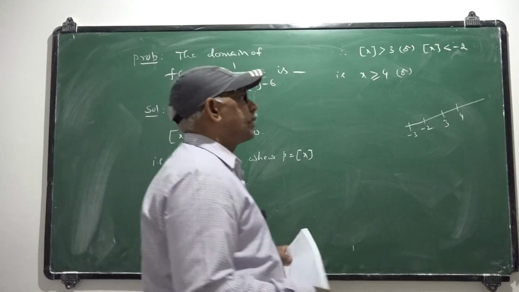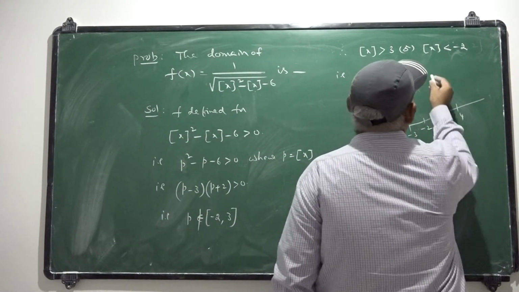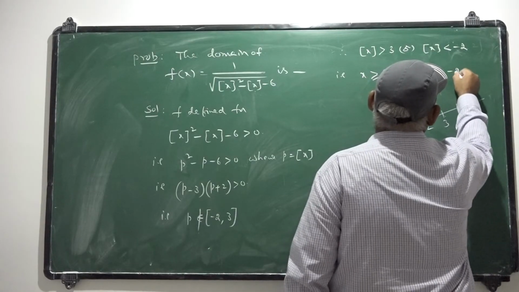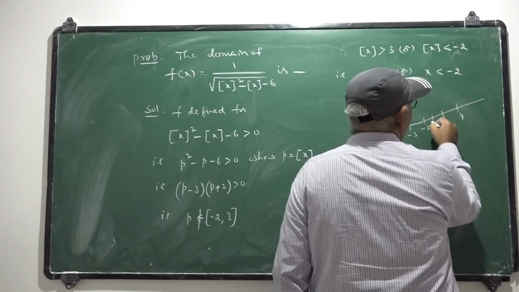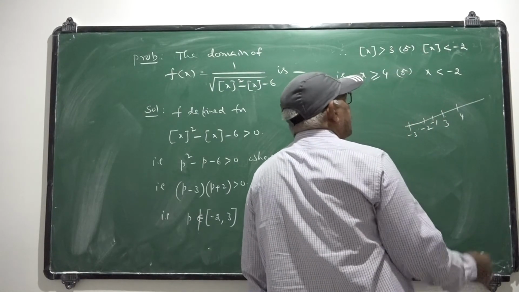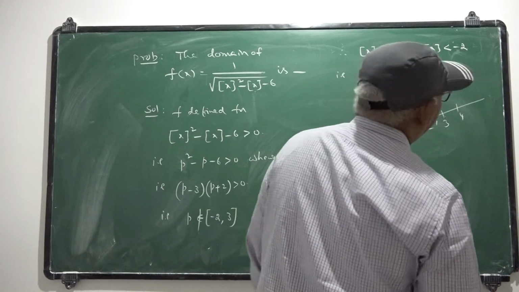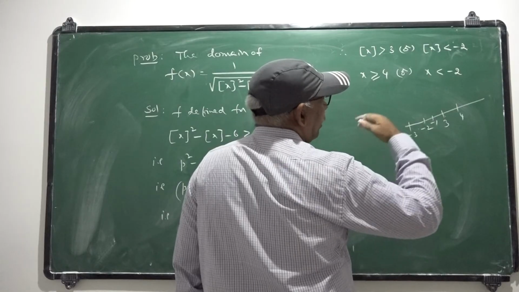Once it lies between minus 2 and minus 1, it takes the value minus 2. Hence x less than minus 2 only. So x less than minus 2 and x greater than or equal to 4.